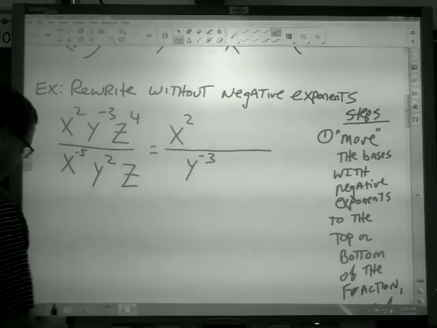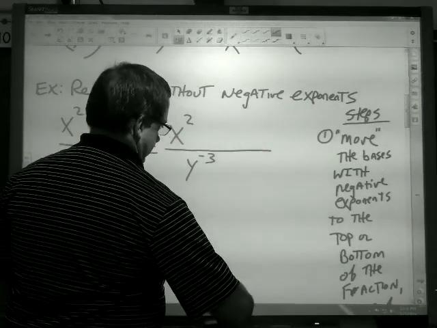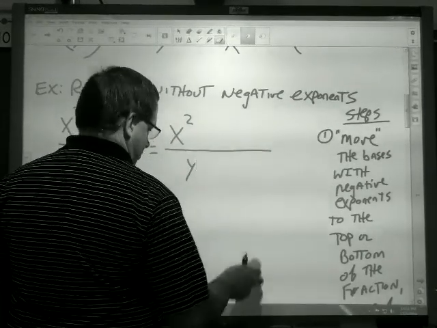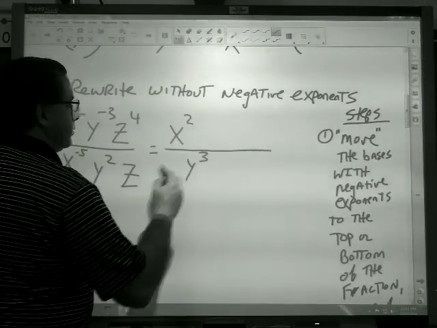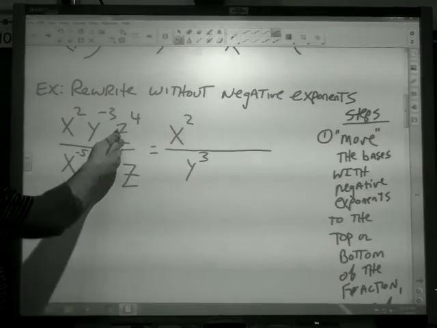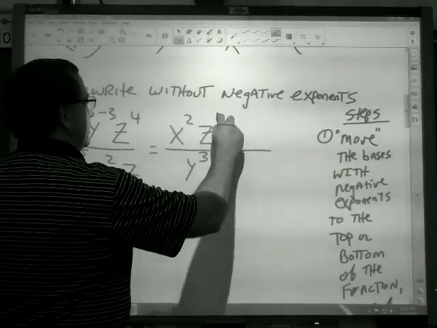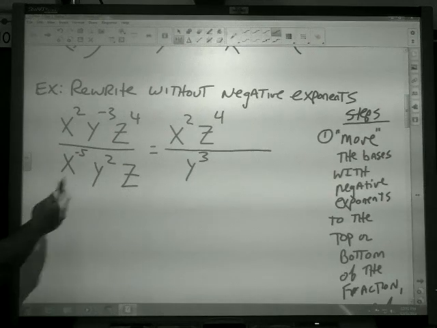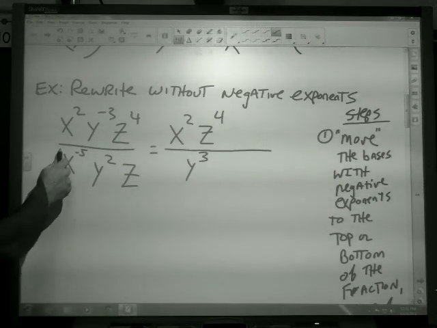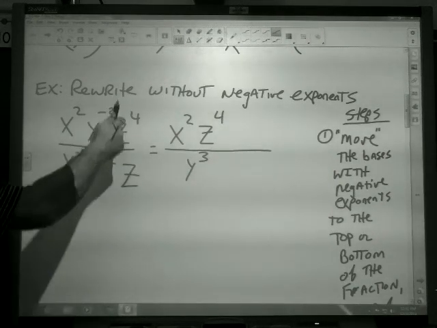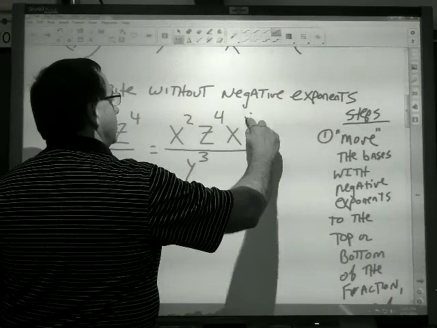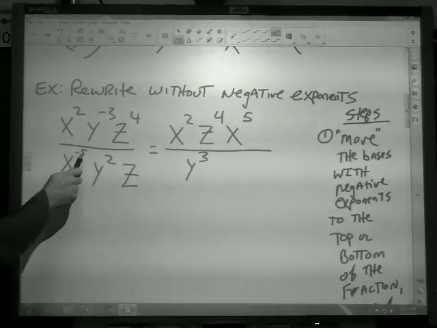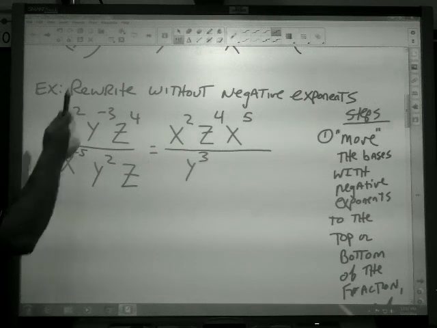When I move it, the exponent becomes positive. Z to the fourth, that stays. On the bottom, x to the negative fifth, this is negative, I'm going to move it, x to the fifth. I move it, power stays the same, but now it's positive.